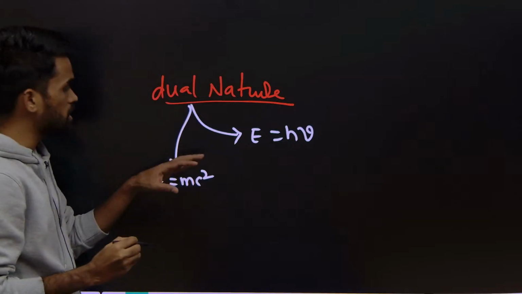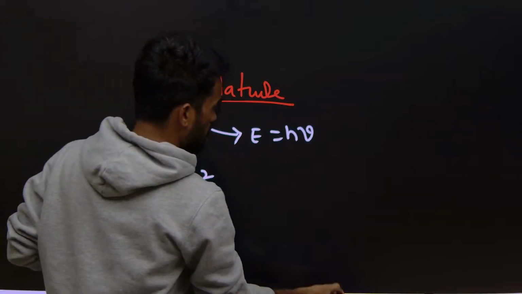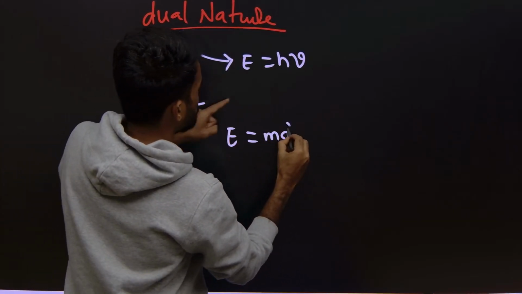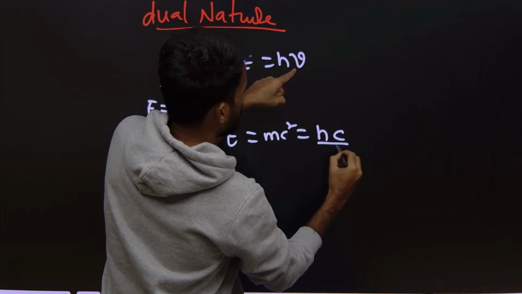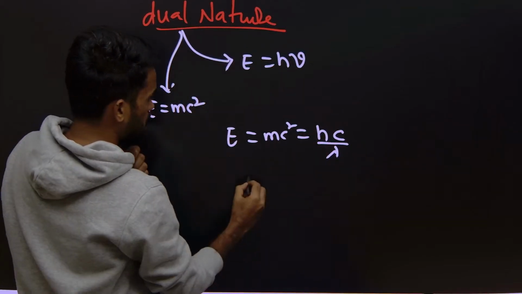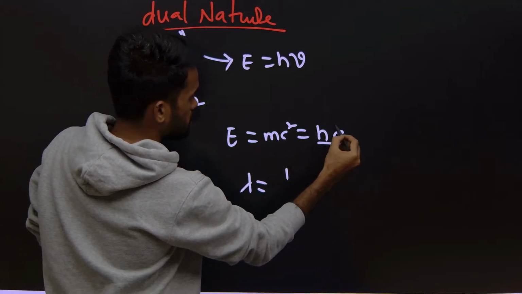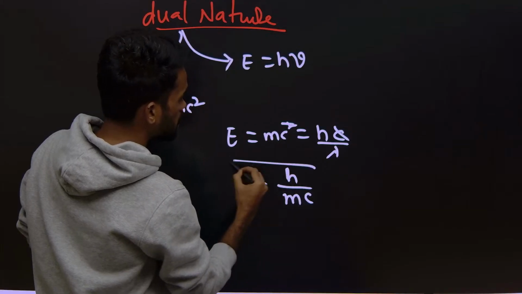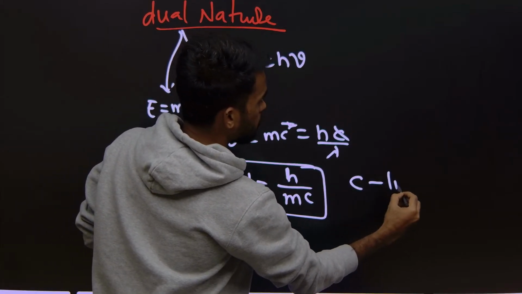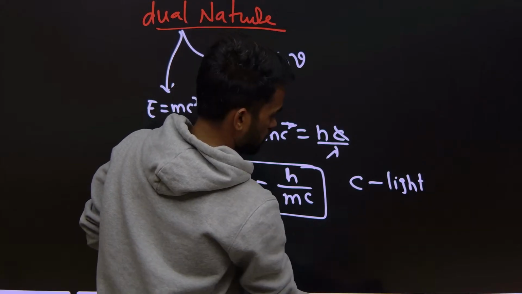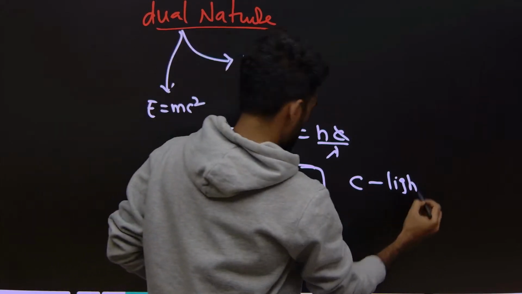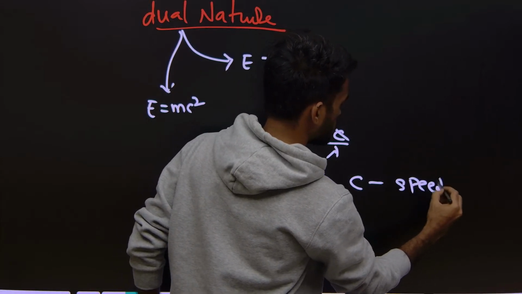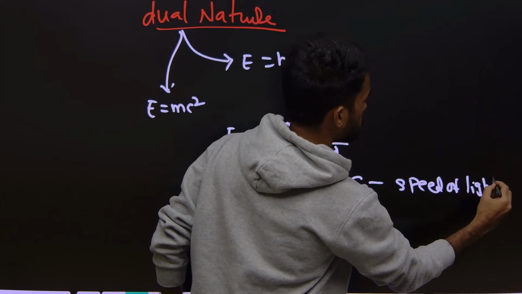Using these two, we get an energy formula. I can write E equals mc square, which is also equal to h nu, that is hc by lambda, right? Using this I can say lambda equals h by mc, where c is the speed of light. This is in the case of light.